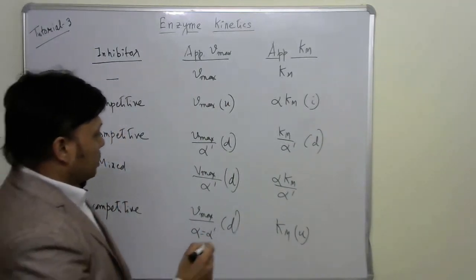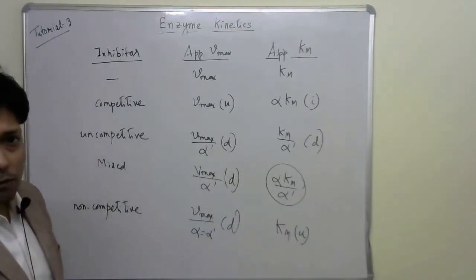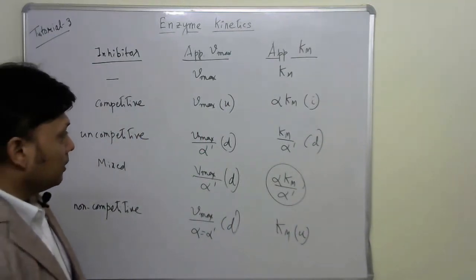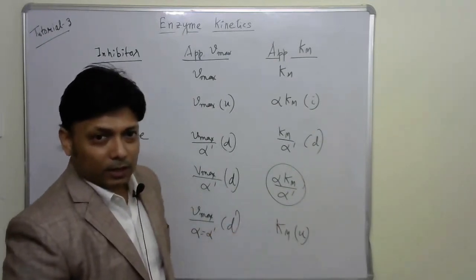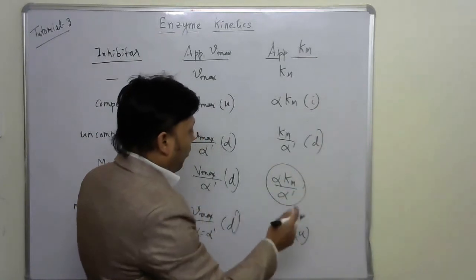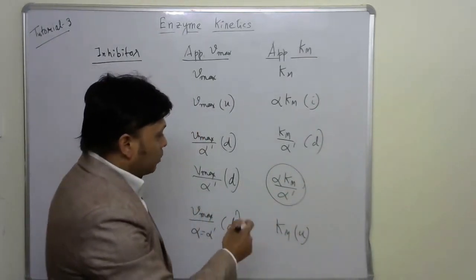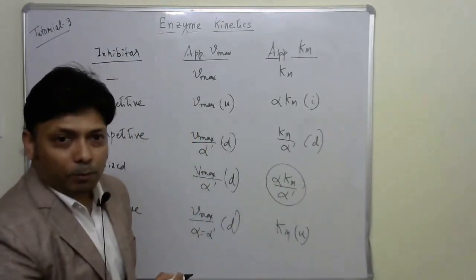So now what is the question? The question is, what happens for alpha Km divided by alpha prime? So here it cannot be predicted. Okay, because whether apparent Km would increase or decrease would solely depend on the ratio of alpha by alpha prime.